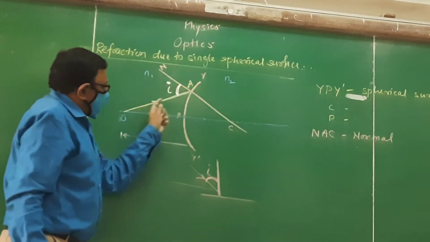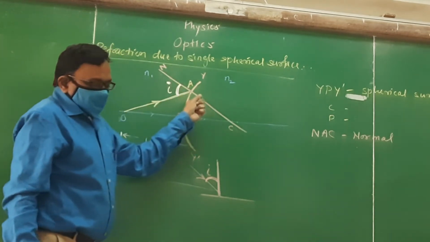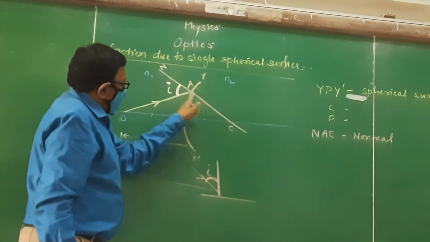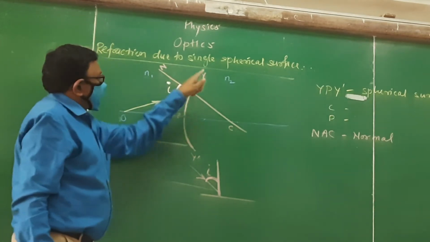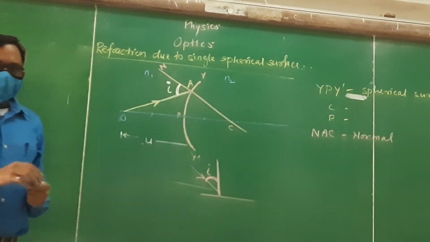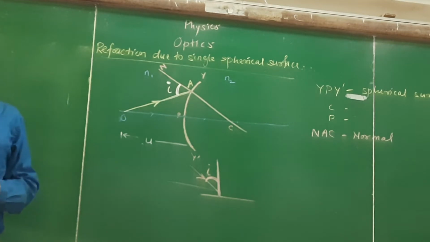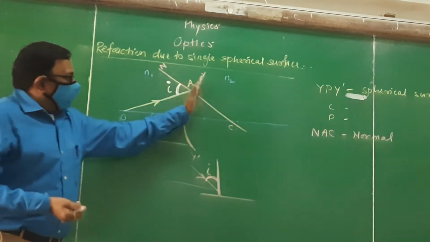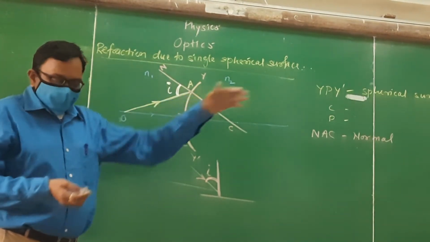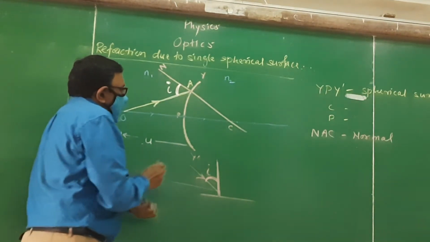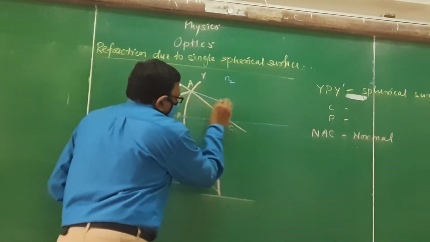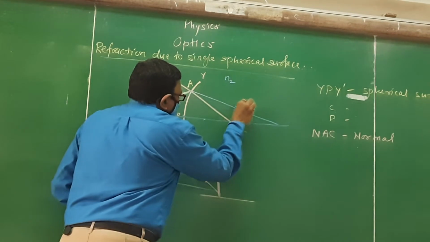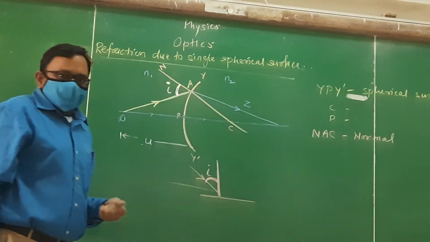Now, this ray is incident. As per the property of refraction, if a ray is moving in a straight direction, due to the refraction it changes its path. Similarly, this incident ray is refracted like this. Here we say that AZ is a refracted ray.